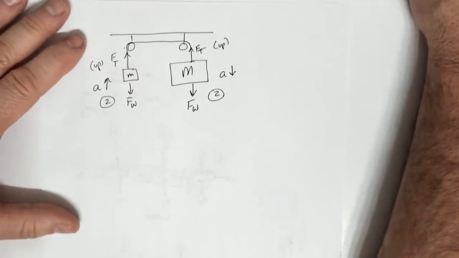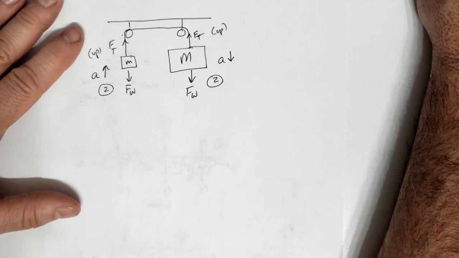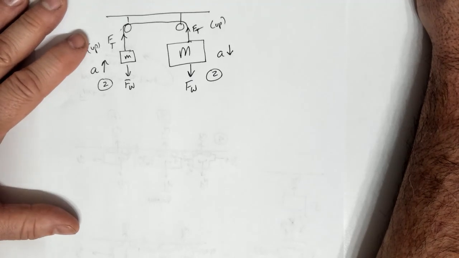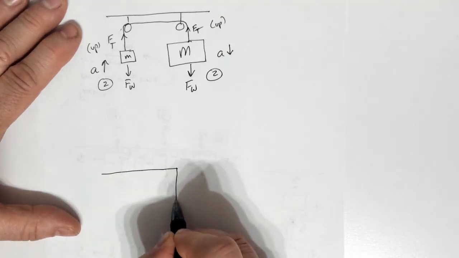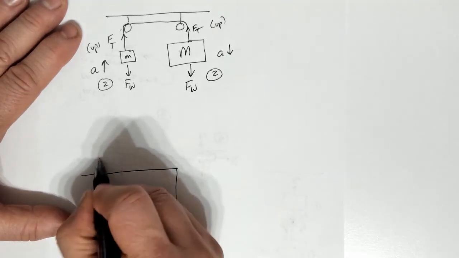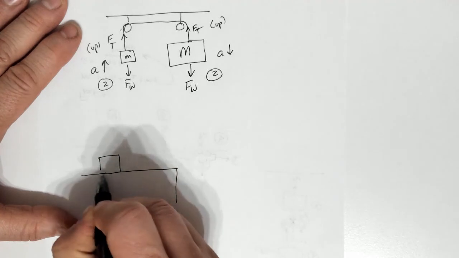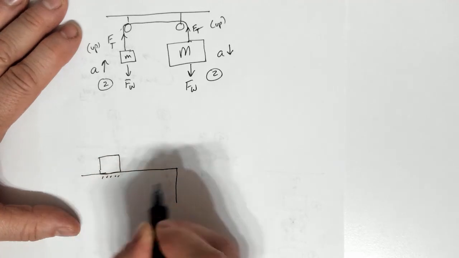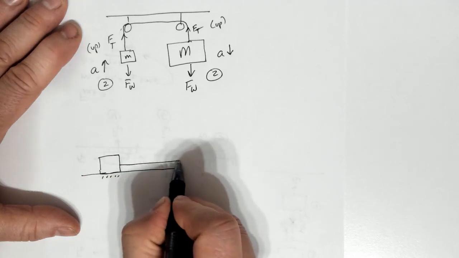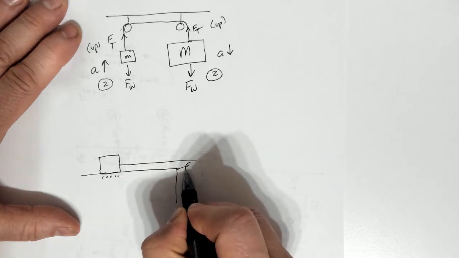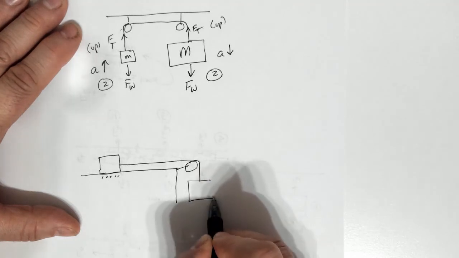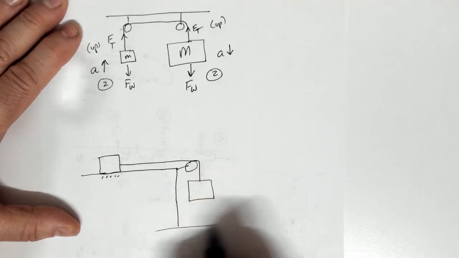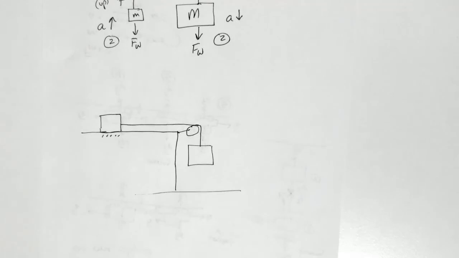Okay? Let's make it a little bit more complicated and see if we can identify all the forces in another situation. Let's say that we're dealing with a box sitting on a table, and this box is encountering some friction, but it's attached to another box which is hanging down and suspended by a table.